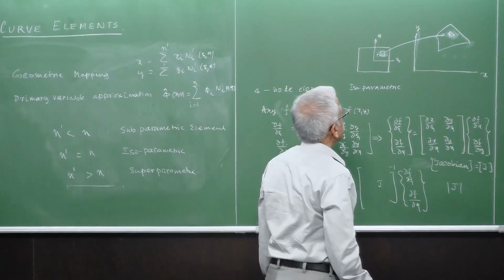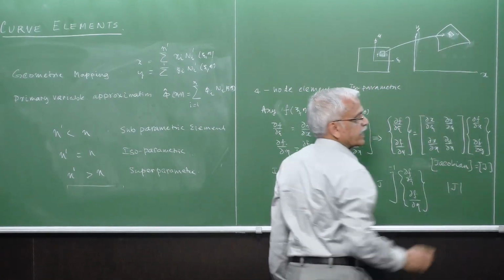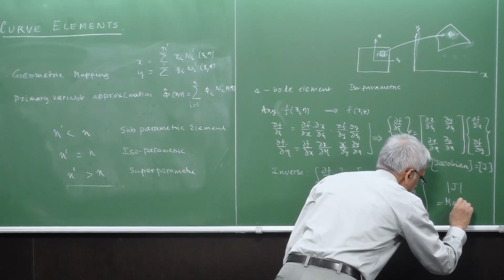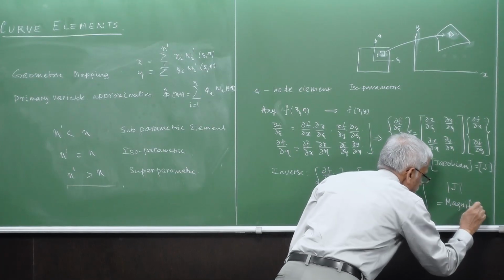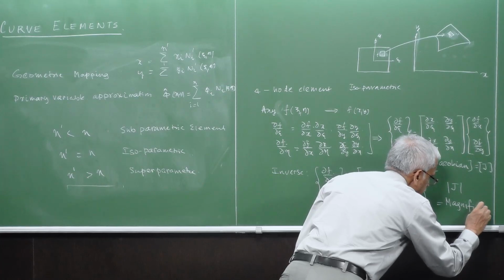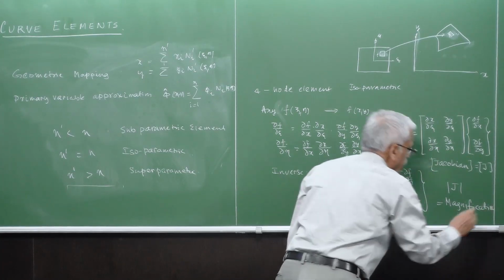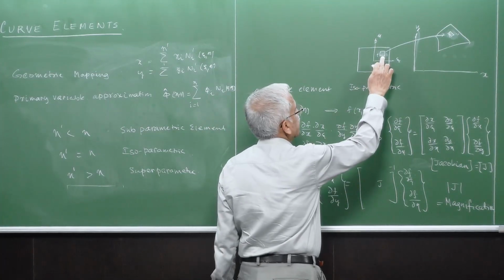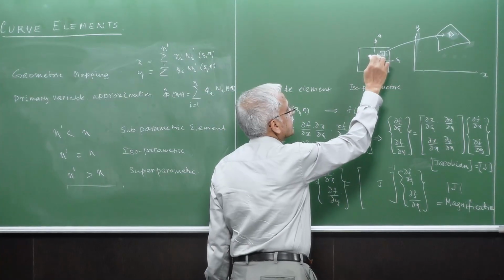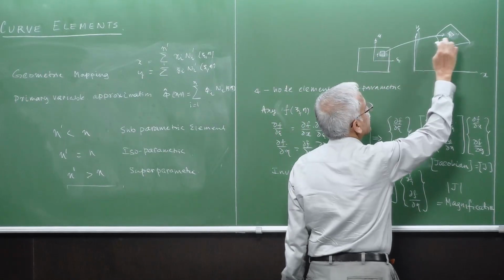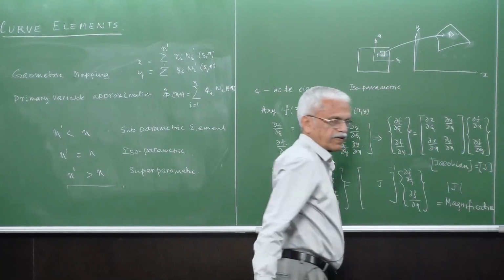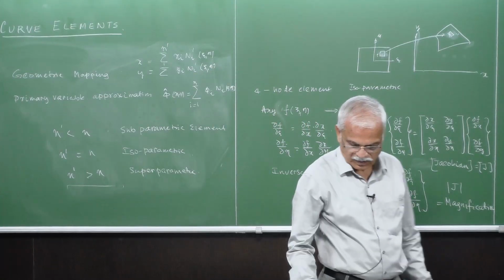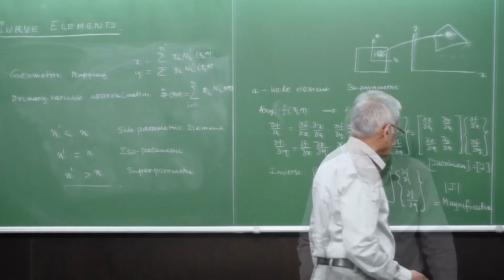So the Jacobian gives you the magnification. That means a small delta xi delta eta of a small elemental area will be magnified by the determinant of the Jacobian. So this is some of the things which we do.